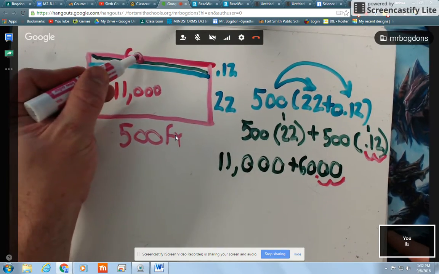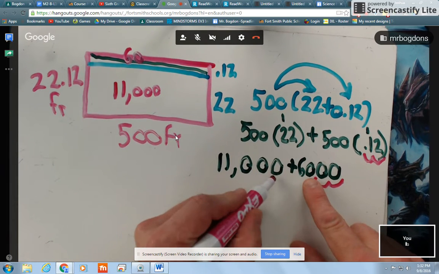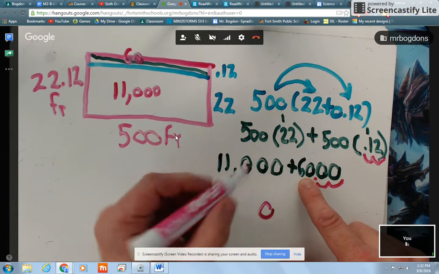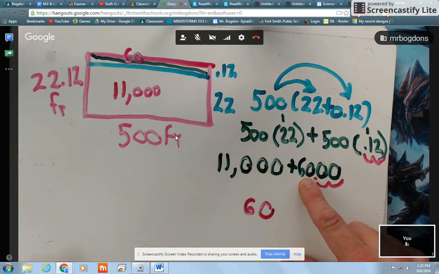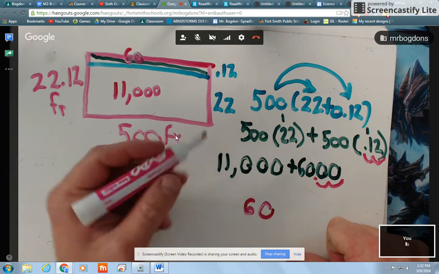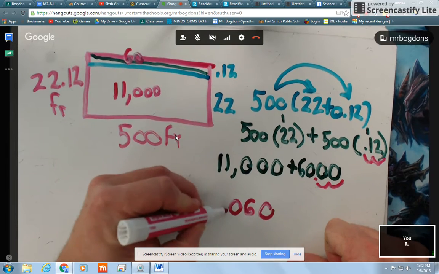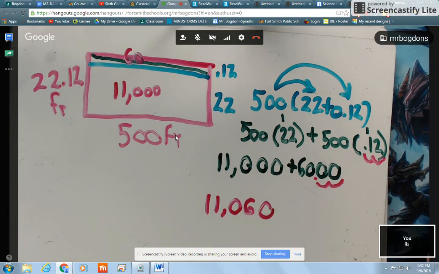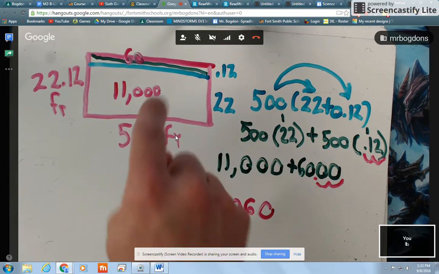So what is 0 plus 0? What is 6 tens plus 0 tens? Notice how I'm just looking place value by place value. I'm not freaking out about it. I'm not having to write the whole thing. And then, do I have any hundreds? Do I have 1,000? Do I have 10,000? That's my product.